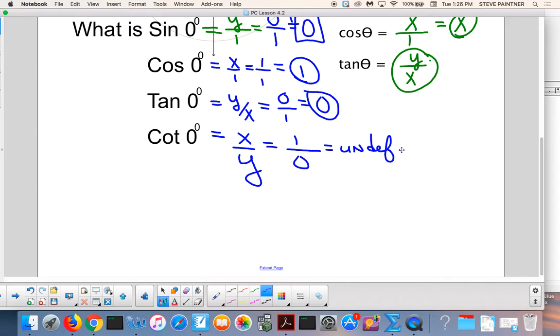But when you get undefined answers, you ran into an asymptote, you're going to go whoop, like this, or you're going to go straight down. And that's what happens every time you get undefined. Certain functions are undefined. Cotangent will be undefined sometimes, when that zero pops in on the bottom. If zero's on the top, you get an answer. It's 0. Okay.